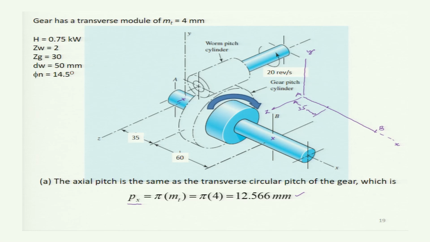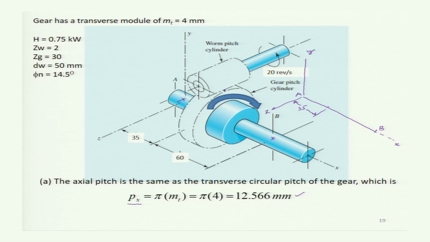at a distance of 35, and at a height of dg divided by 2, because the point of contact where the forces will be transmitted from the worm to the gear lies along the y direction, at a distance of half of the pitch diameter of the gear.